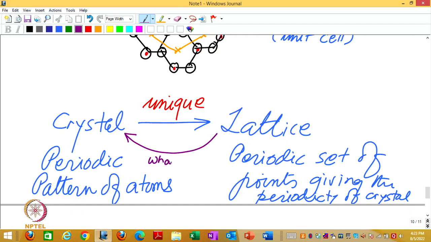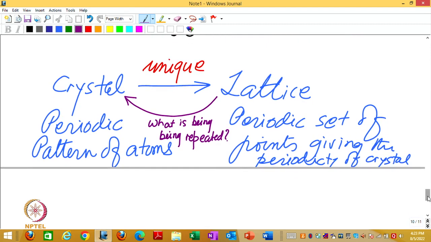So, you need what is being repeated as additional information. And this what is being repeated is given a name, and that is called a motif.